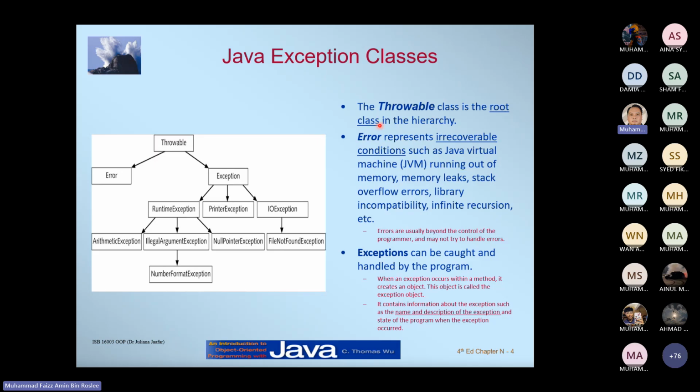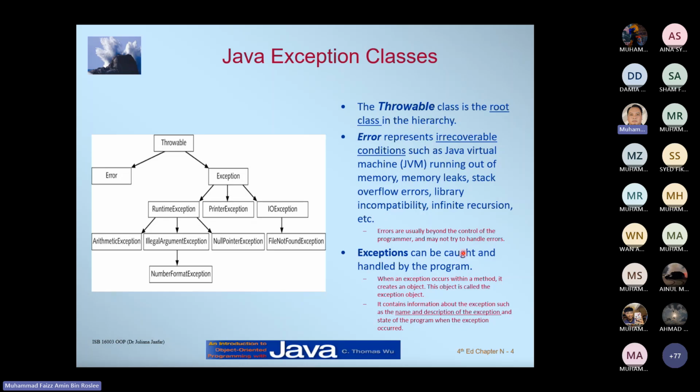Error represents an unrecoverable condition such as the Java virtual machine running out of memory, memory leak, stack overflow, library incompatibility, or infinite recursion. Errors are usually beyond the control of the programmer and you may not try to handle them. Later on you will see unhandled errors and handled errors.